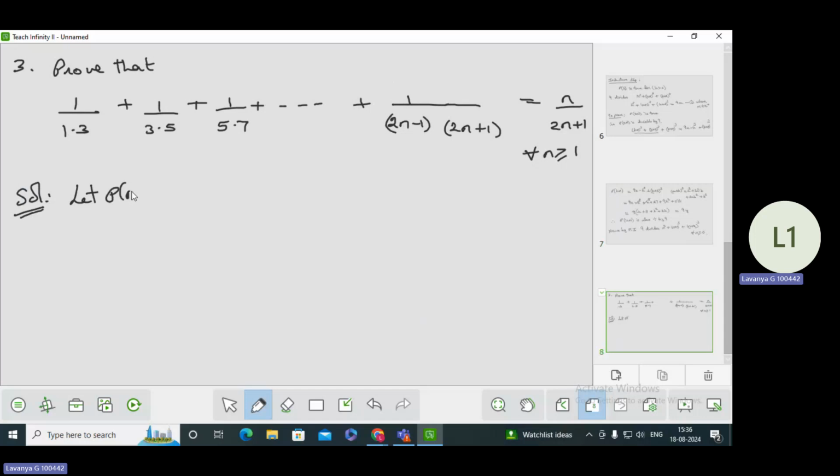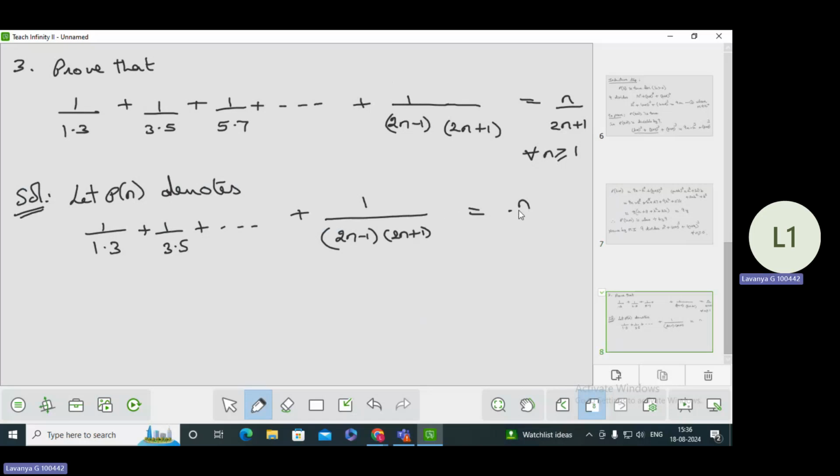Let P of n be the given. So, P of n denotes the same thing given on top, 1 divided by 1 into 3, 1 divided by 3 into 5 plus etc. plus 1 divided by 2n minus 1 into 2n plus 1 equal to n divided by 2n plus 1 for all n greater than or equal to 1.